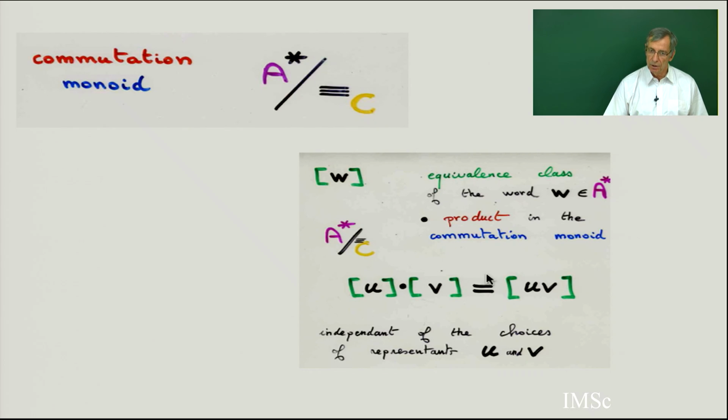And the product of two classes: if I take the class of the word U, multiplied by the class of the word V, it's just the class of the word UV. And this product is independent, you can see this trivially, of the choice of the representatives U and V of the class.